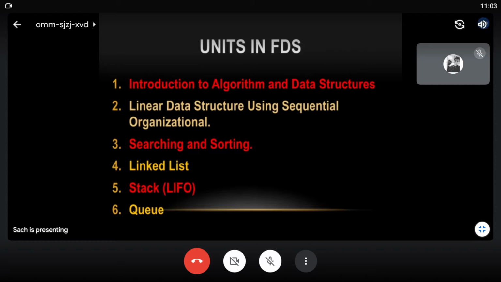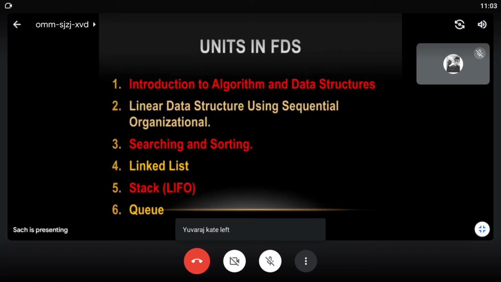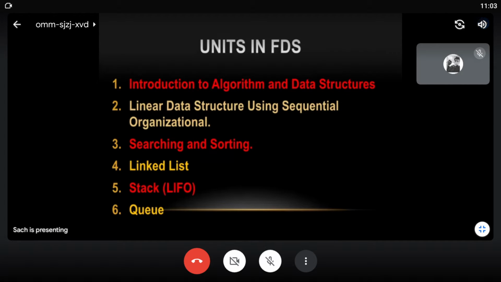The third unit is dedicated to searching and sorting, whereas the fourth unit is concerned with linked list. Fifth is stack, that is LIFO, last in first out memory organization, and the last is queues.